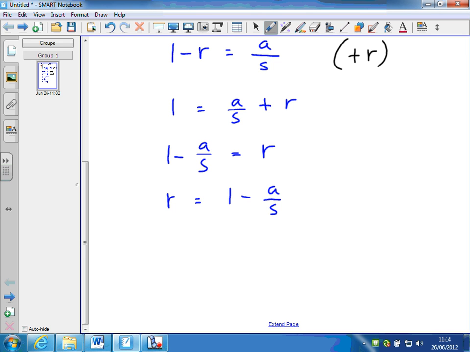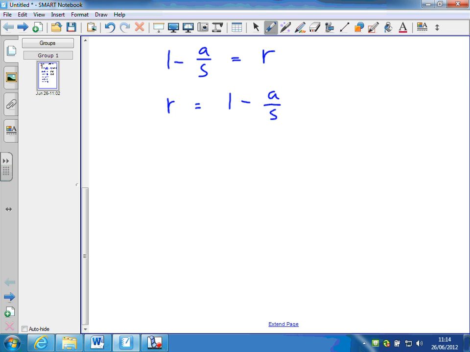How do we get to the second form? Well, if I look at this right hand side, I can try and make the denominator the same. So S over S equals 1. Any number divided by itself is always going to give the answer 1.